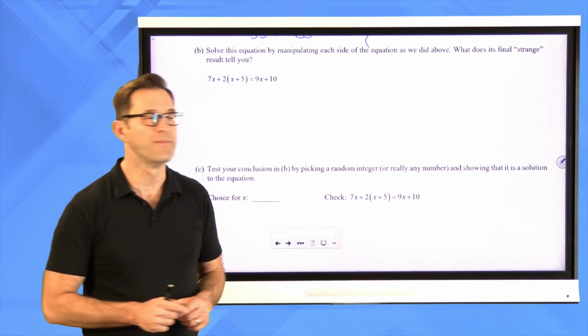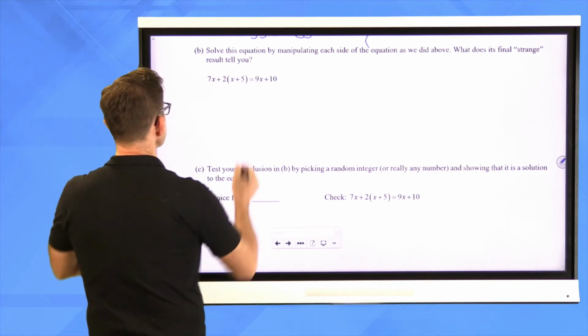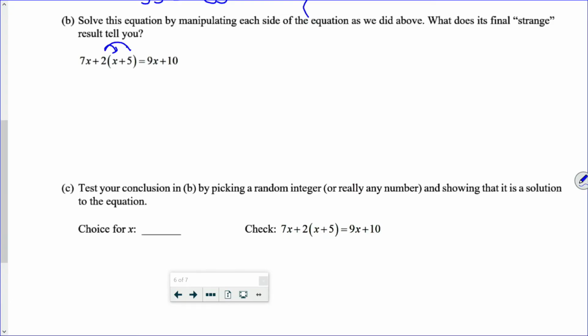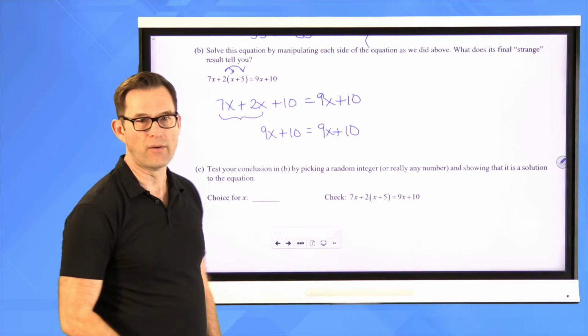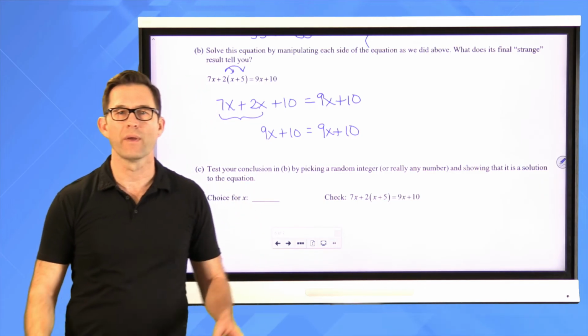All right, let's do it. So first thing I'm going to do is distribute that 2 through the parentheses. I get 7x plus 2x plus 10 is equal to 9x plus 10. I can combine these like terms and I get 9x plus 10 equals 9x plus 10. And I'm going to pause for a minute right now. I want you to look at what we have.